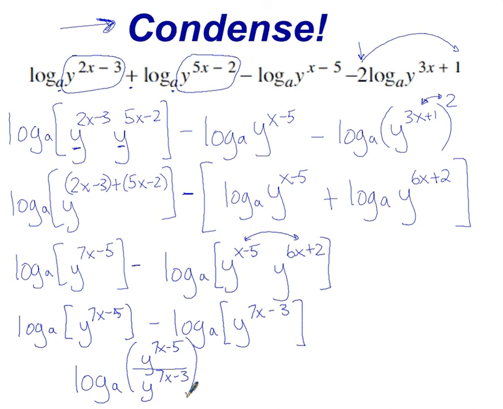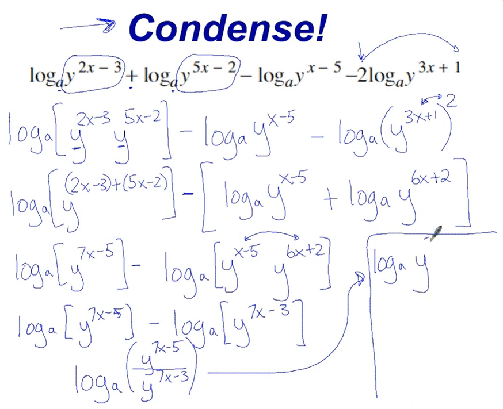Tell you what though, we can make it a little bit better because we have the same base y in the numerator and denominator. Let's make a little bit of a separate compartment here. So now we've got log base a, and because they have the same base, we can subtract the exponents. It should be y to the power (7x−5) subtract (7x−3), and I'll put brackets here to be careful.